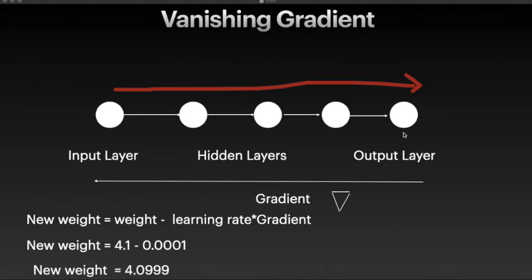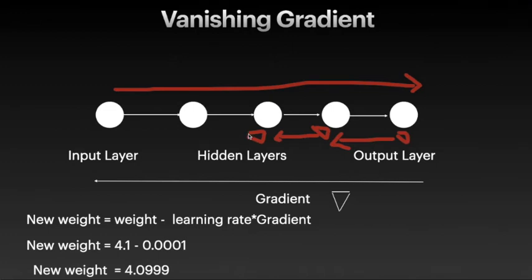Now, what happens is, see the gradient here and the gradient here, the effect of this gradient at the output layer will have a direct effect on this gradient. And the effect of this gradient will have a direct effect on this gradient. So we can say that gradient keeps on decreasing exponentially as it goes from output layer to input layer.